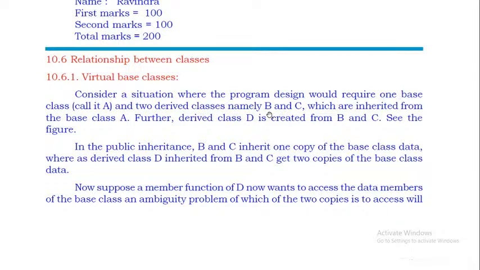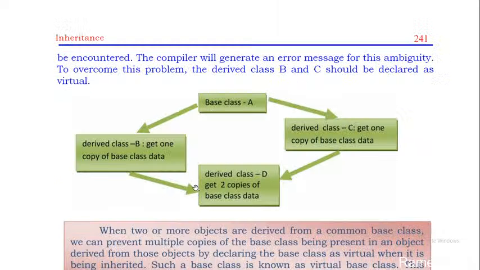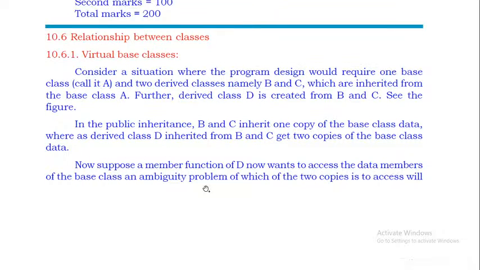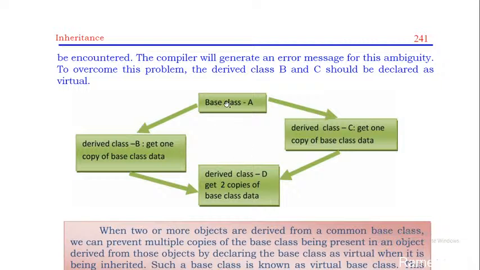We have two derived classes B and C, which are inherited from the base class A. Further, derived class D is created from B and C. With public inheritance, B and C each inherit one copy of the base class data, so D will receive two copies of the base class data.